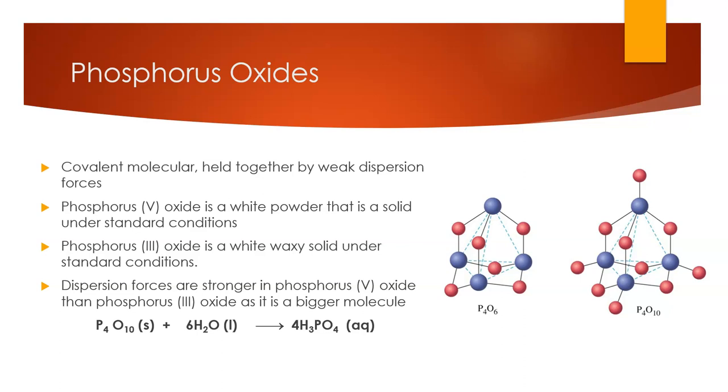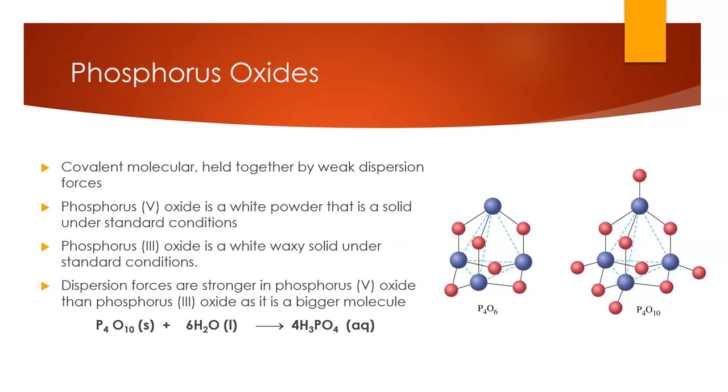Phosphorus 5 oxide is a white powder and solid under standard conditions, whereas phosphorus 3 oxide is a waxy solid under standard conditions, so it's got slightly weaker bonding. The dispersion forces are the only intermolecular forces that hold these together, so the stronger dispersion forces are in the phosphorus 5 oxide, which is a larger molecule overall.